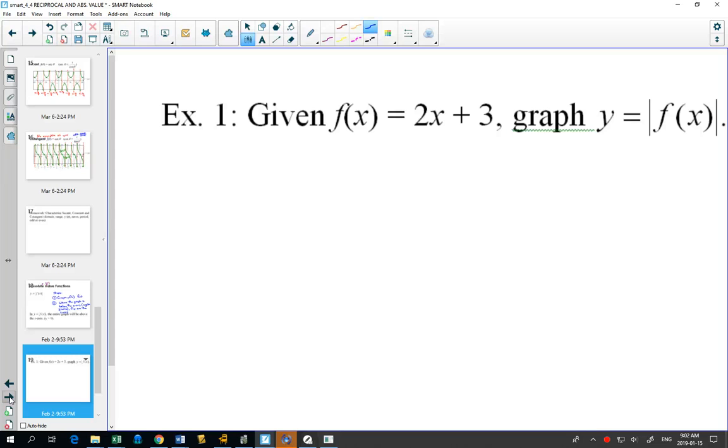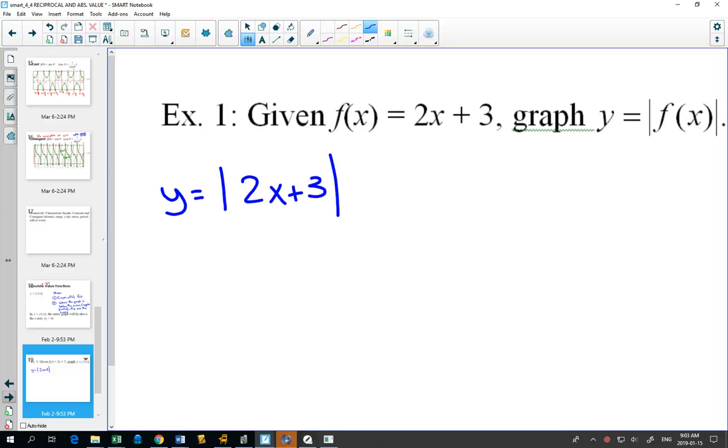So now we have some options for graphing something like this. You want to graph y equals the absolute value of 2x plus 3. This could be one we could do with our basic transformations, but now it might even be easier to use this new technique, which is also the same technique that you looked at in grade 11.